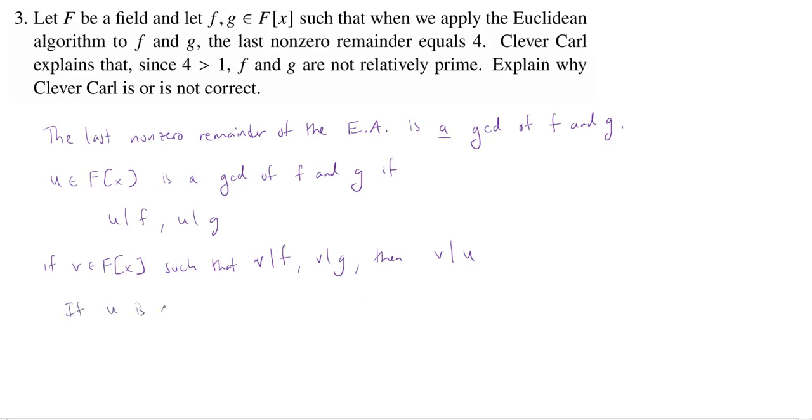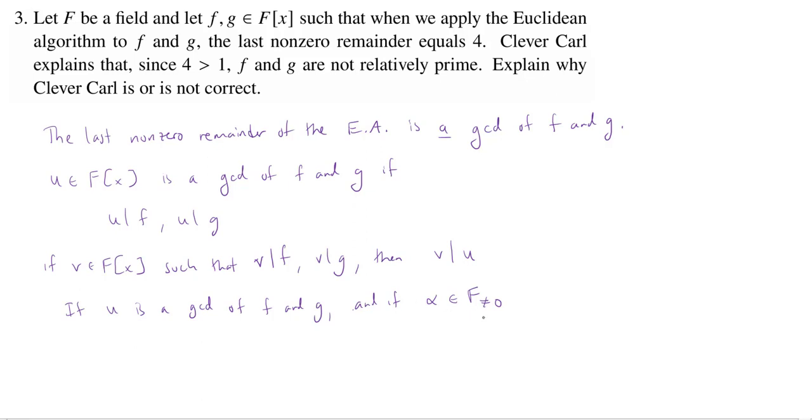So this is our definition of a GCD, and the important thing now is that if u is a GCD of f and g, and alpha is some element of the field which is non-zero, I don't want a zero element because 0 isn't invertible, and I'm going to need alpha to be invertible here.